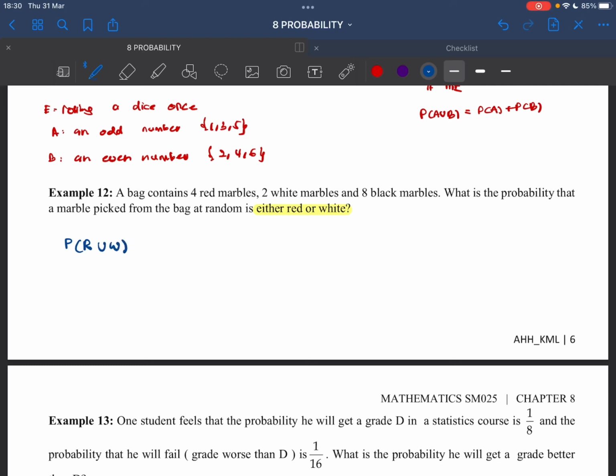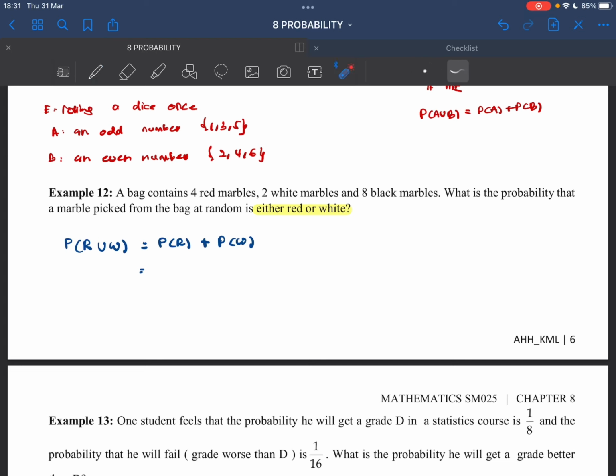Either A or B or both is P(A union B), the same thing as red and white here. So this is a mutually exclusive event. We are going to use P(R) plus P(W) only, since we are supposed to minus P(R intersect W), but P(R intersect W) is equals to 0 because it cannot happen.